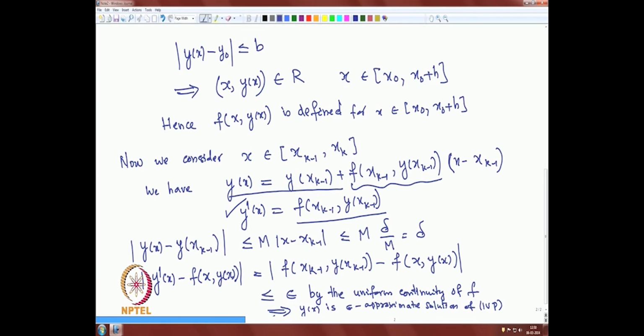That is not satisfied only at a finite number of points at which the derivatives have jump type discontinuity.